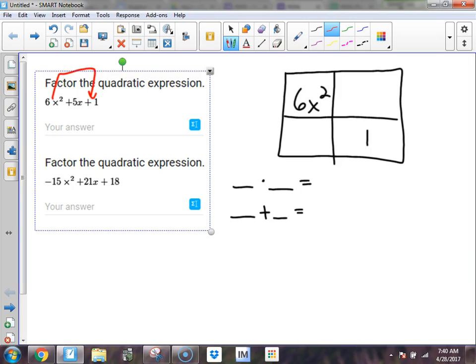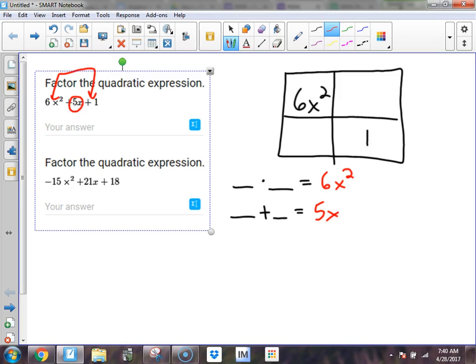These 2 I multiply. Now I know 6x squared times 1 is just 6x squared, but gotta write that down. And then we take the middle one, and that's what we're trying to add to. So we're trying to come up with 2 terms that will multiply to 6x squared that will add to 5x.